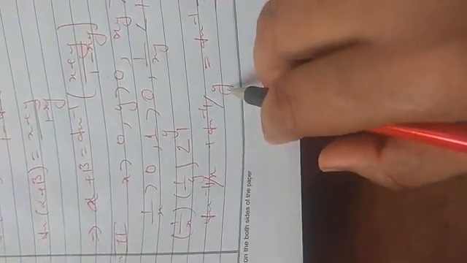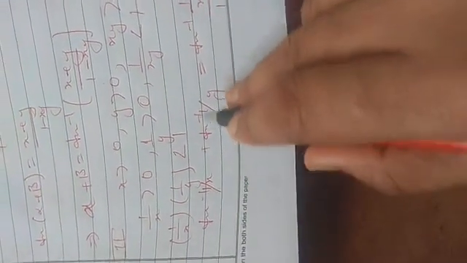Now this result can be reduced to a short form: tan inverse 1 upon x plus tan inverse 1 upon y can be written as cot inverse x plus cot inverse y. So cot inverse x plus cot inverse y equals tan inverse, and by reducing to short form we get (x plus y) upon (xy minus 1).